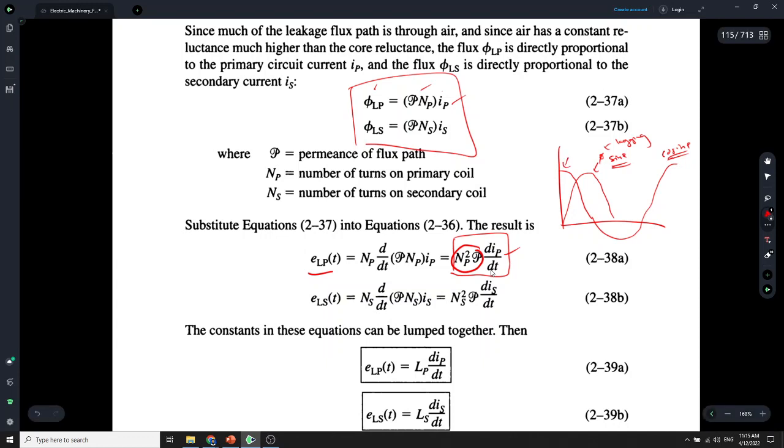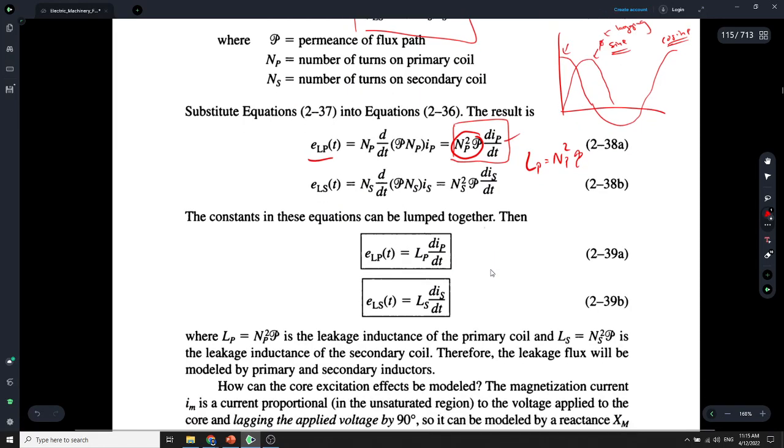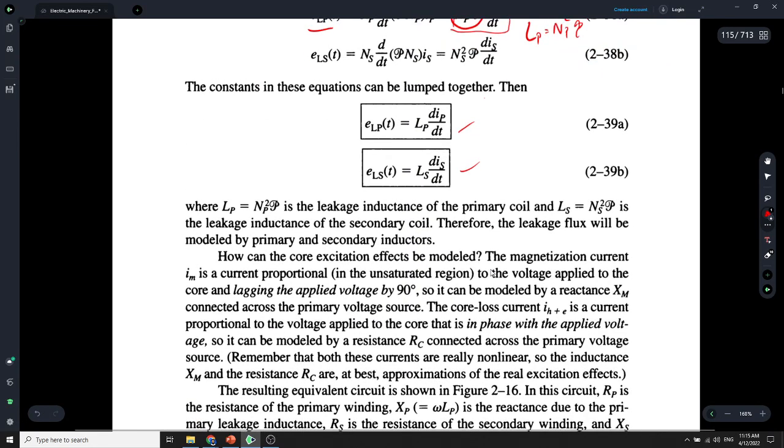The thing lagging here is the inductance, so we replace this one: LP equals NP squared times the permeance. So this is the new simplified equation, and this is the inductance.